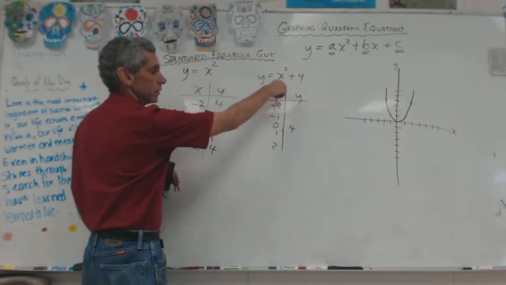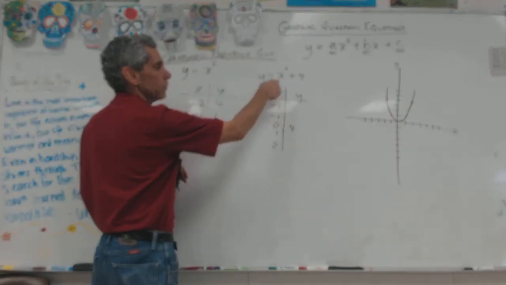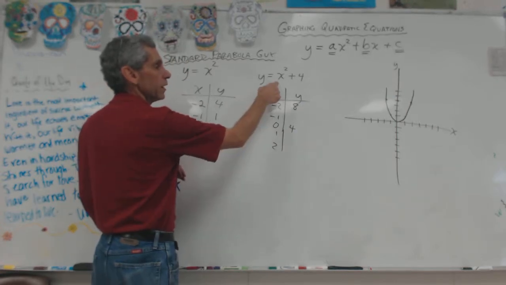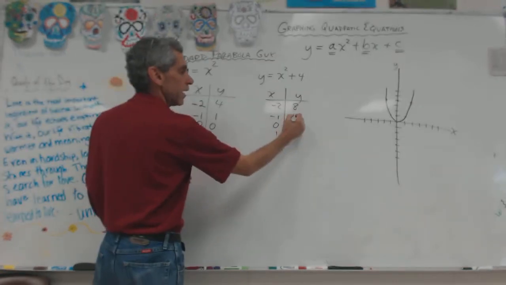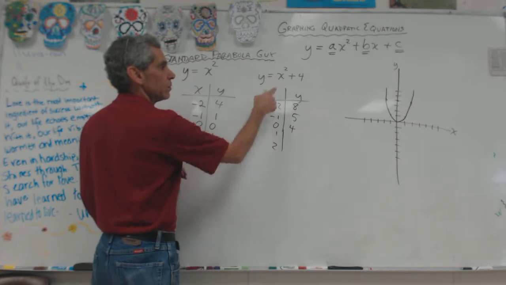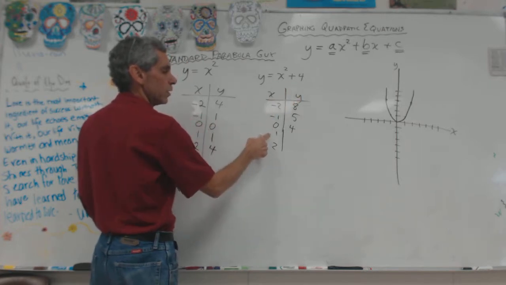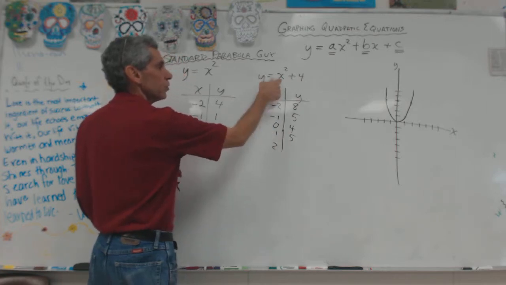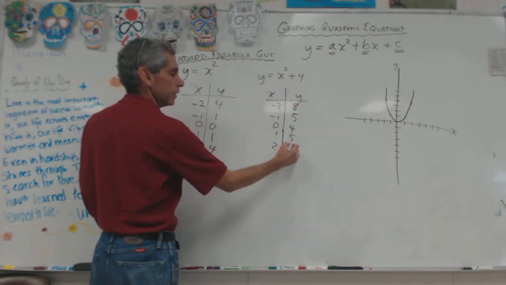All right. If x is -2, it would be 4 plus 4 would be 8, right? If x is -1, -1 squared is 1 plus 4 is 5. If x is 0, y is 4. If x is 1, 1 plus 4 is 5. If x is 2, 4 plus 4 is 8.